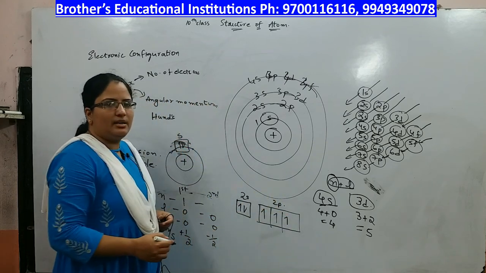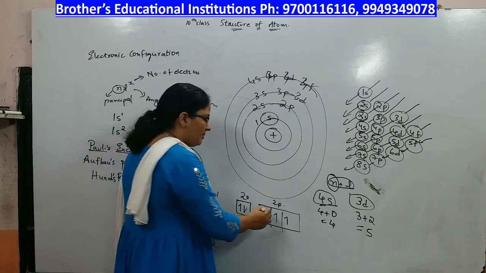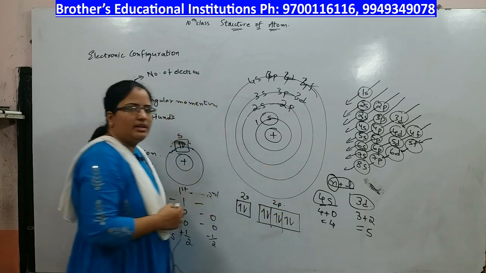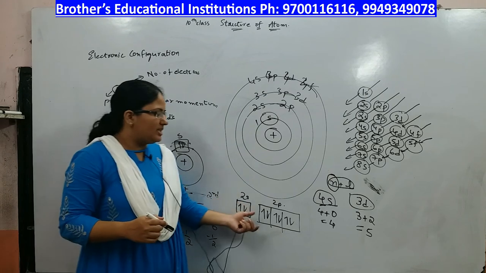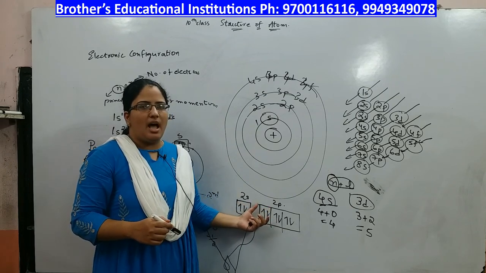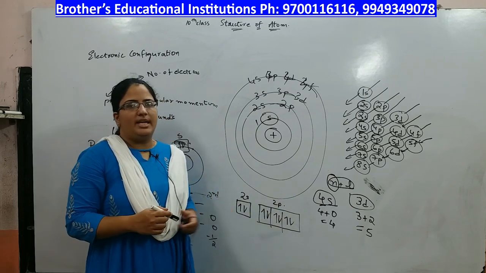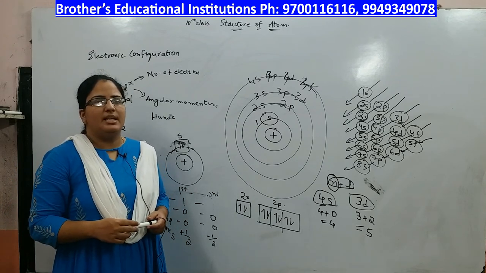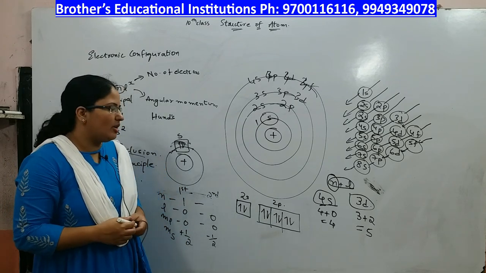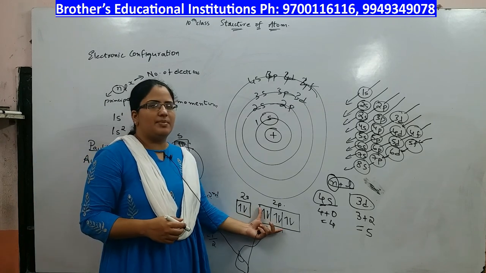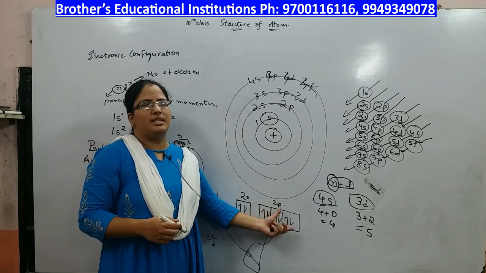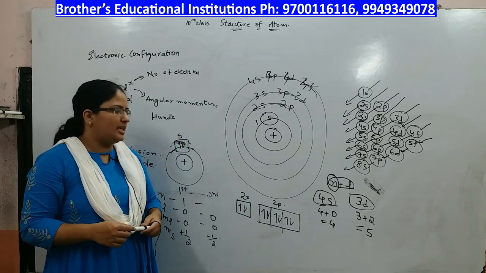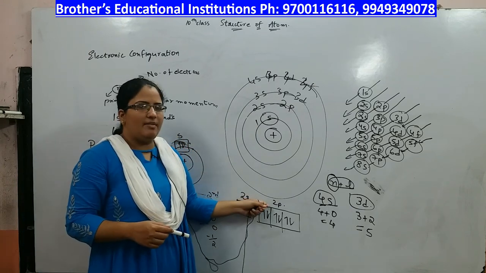Once this is done, the next electron starts from here, and here, and here. So pairing up of electrons takes place only after the half filling of the degenerate orbitals. Degenerate orbitals means orbitals having the same energy. If you take a particular subshell, the orbitals present in that subshell are called degenerate orbitals because they have the same energy depending upon the n value.